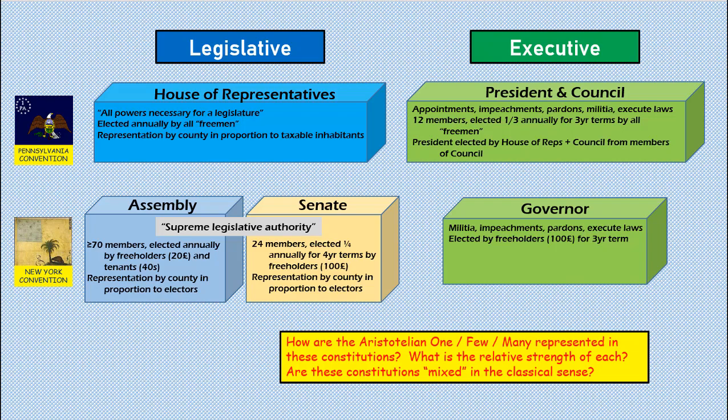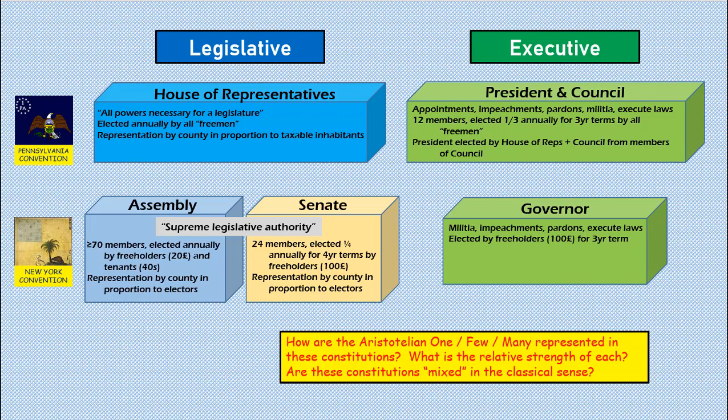The voting qualifications for the Assembly are lower, that is, relatively poorer people get to vote for members of the Assembly than get to vote for the Senate. Also, the Assembly has many more members and the Senate has fewer, etc. There's a distinction there between the many and the few. The popular house of the legislature represents the many. The upper house, or the elite house, of the legislature represents the few.